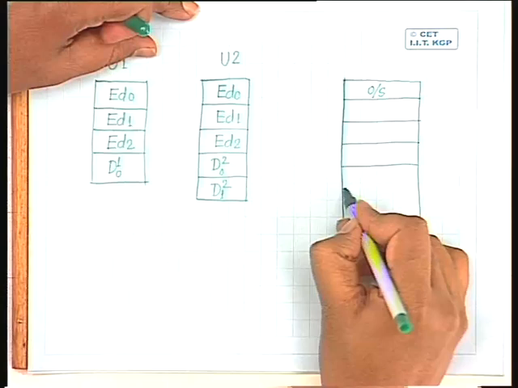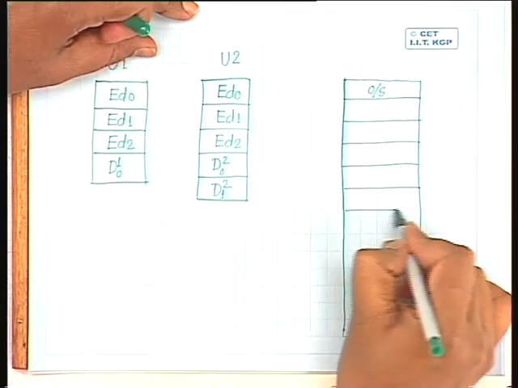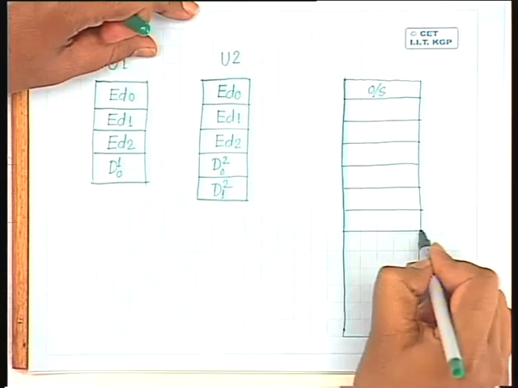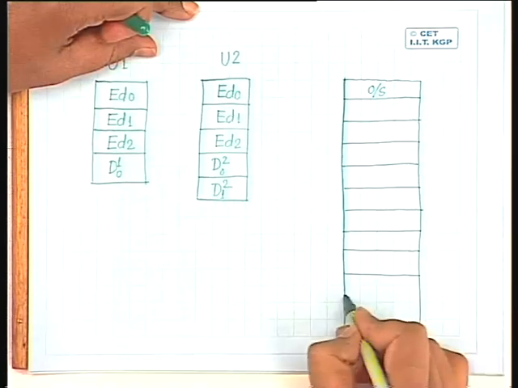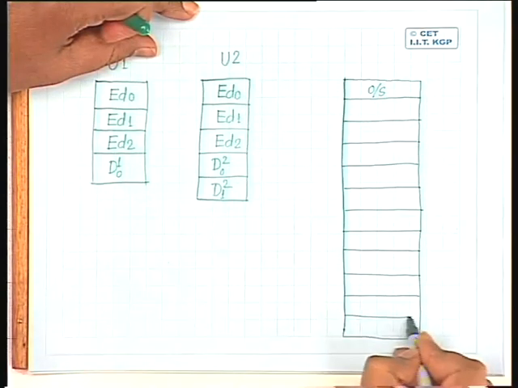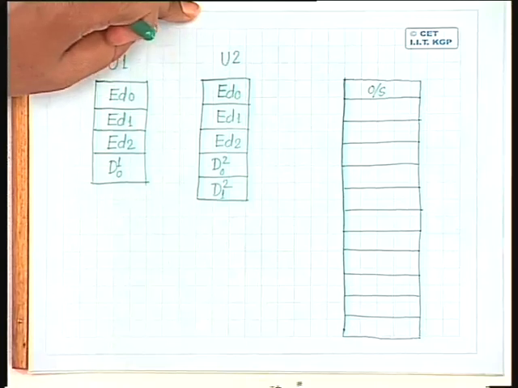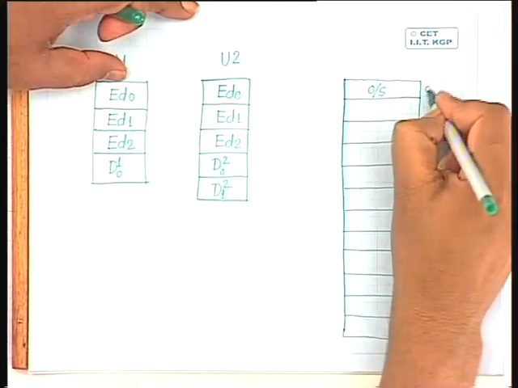The size of every frame is the same as the page size. So we have a situation like this. Okay, these are frame numbers.